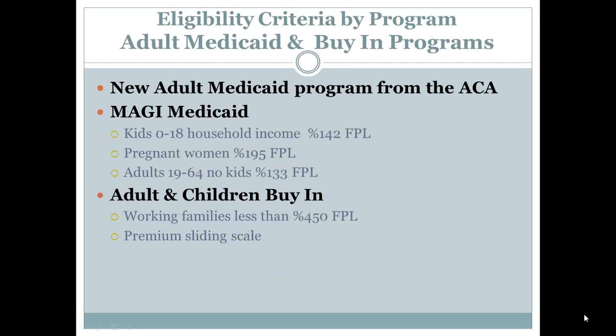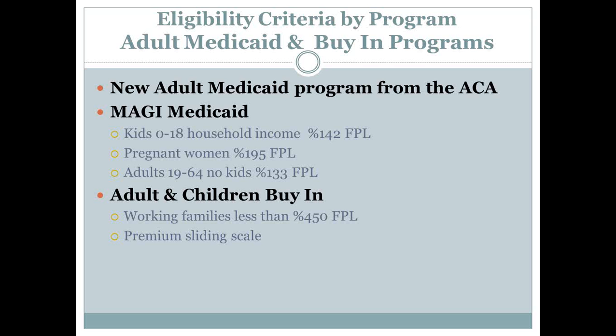The next programs that we're going to touch on briefly are the new programs, some of them new because of the Affordable Care Act. The new adult Medicaid programs are the MAGI Medicaid, and MAGI stands for modified adjusted gross income. And this program affects kids that are 0 to 18 with a household income of 140% of the federal poverty limit.